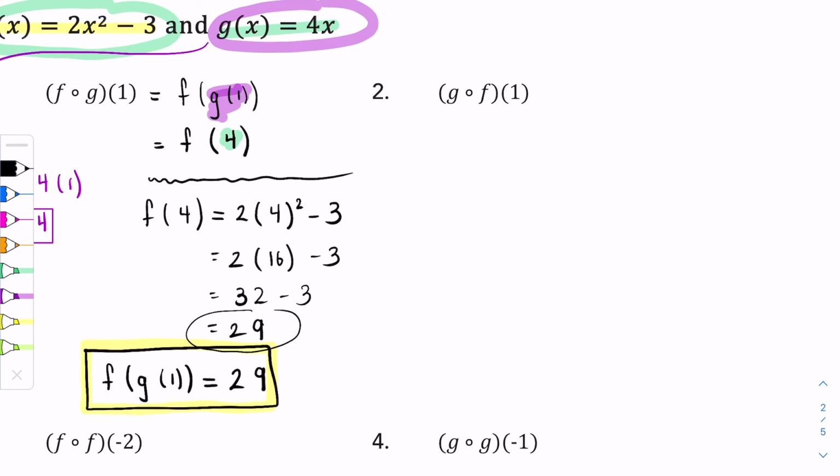For number 2, we have g of f of 1. First, I need to evaluate the f function at the value of 1.